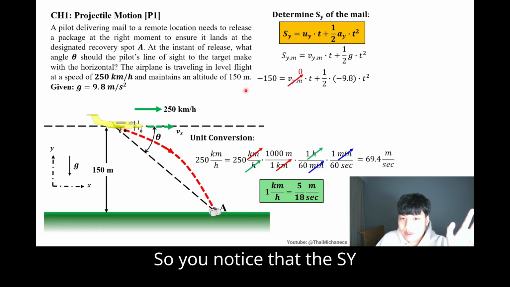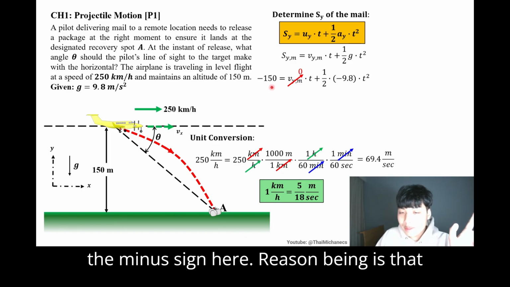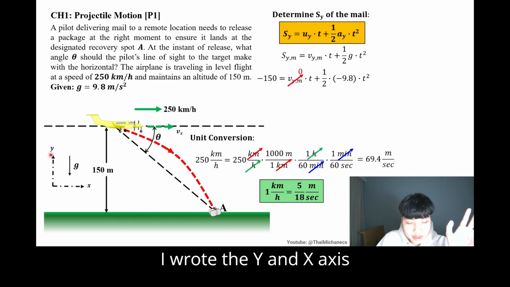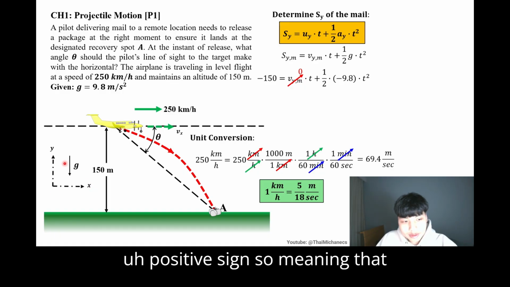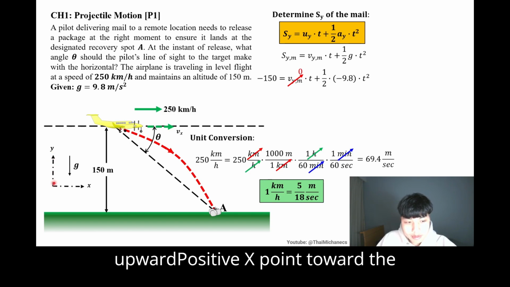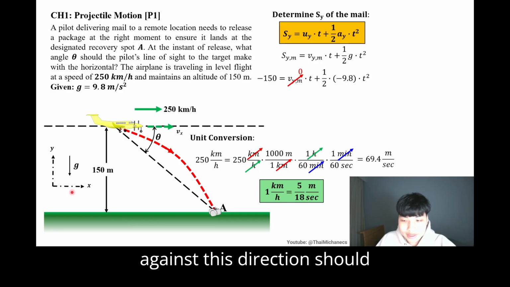You notice that I put s_y with a minus sign, because 150 is in the negative direction. Reason being, you can see in the bottom left corner I wrote the y and x axes: positive y points upward and positive x points toward the left, so everything that goes against this direction should have a minus sign.